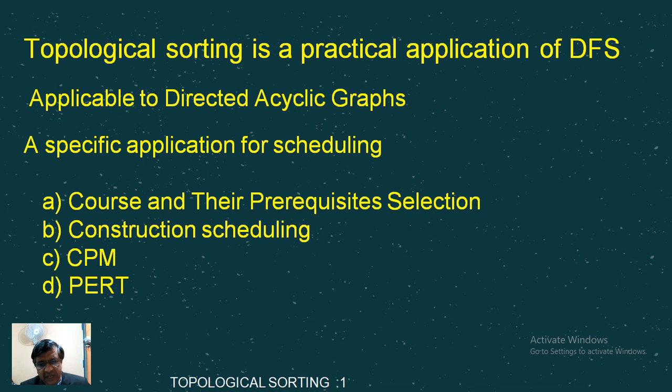Similarly, in order to take course 4, the student must have completed course 3. If we draw the graph in the fashion in which the courses are taken, it becomes a scheduling problem.